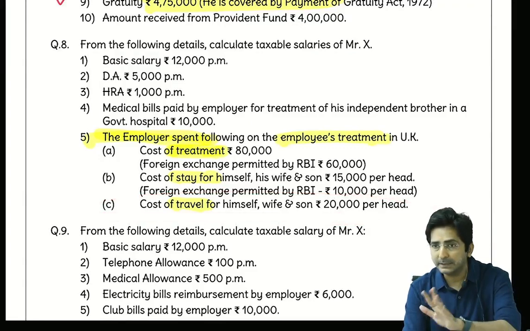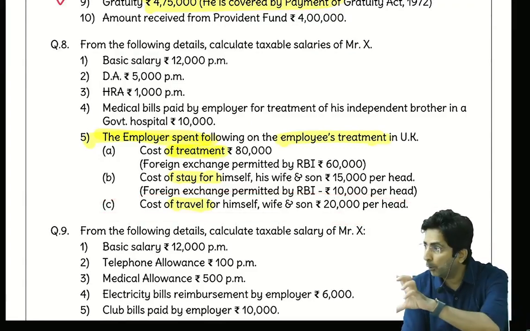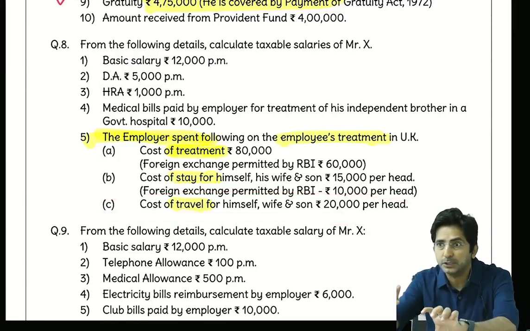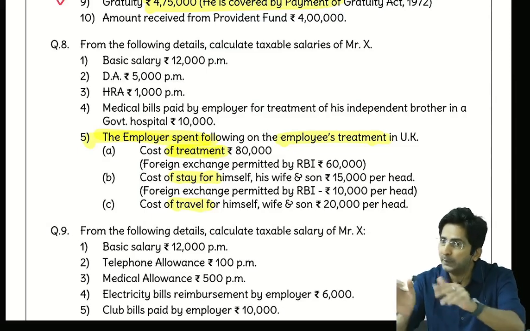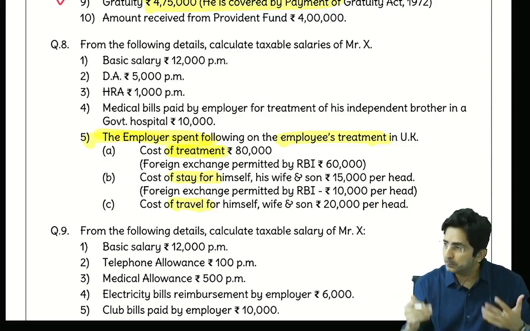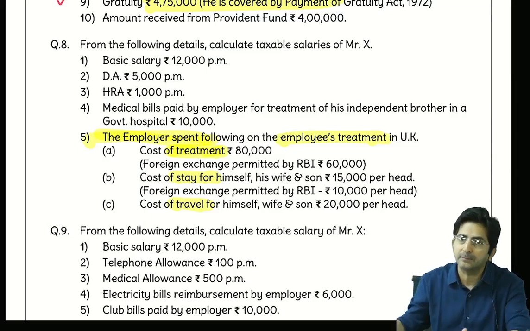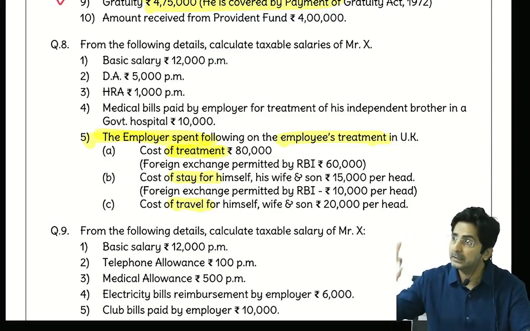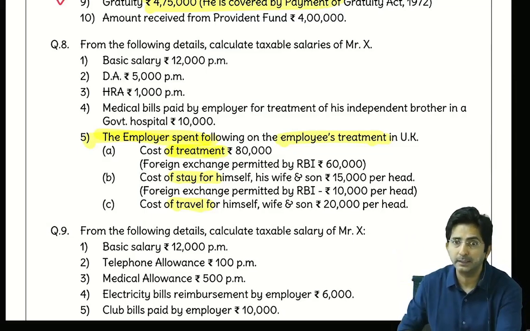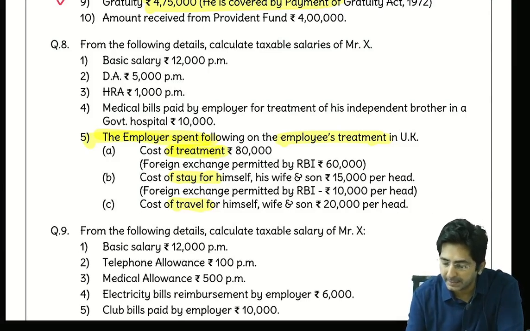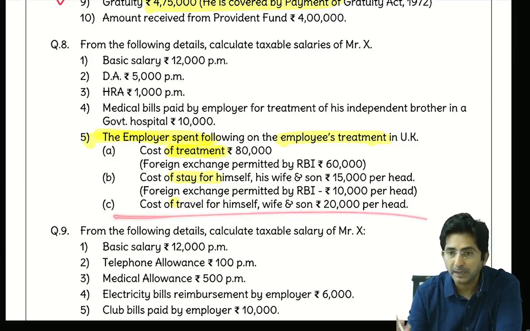But by chance, see what I am trying to say. If the point of travel was in the middle of the question, I would have preferred to keep it at the end. It's better to first write all other items in the statement so that we can easily calculate the gross total income. So just check, is there any other item in the question? No, this was the last item only, so I don't have to worry.